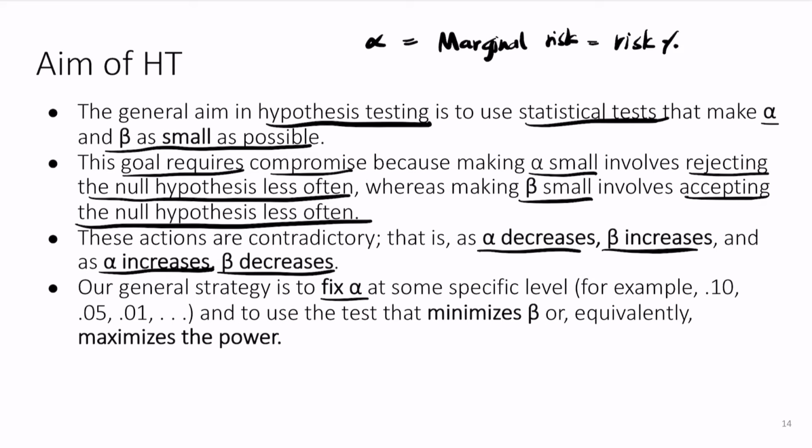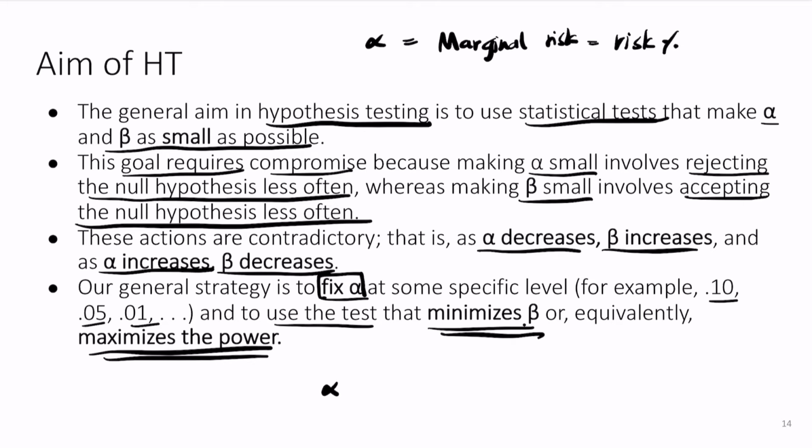Now our general strategy in hypothesis testing: we fix alpha to a specific level, for example, say 10% or 5% or 1%, and we try to use the test so that we minimize the beta value. And when we minimize the beta value, we are basically maximizing the power.